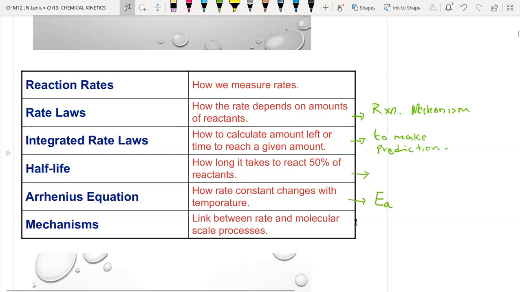And then we are going to spend a little bit more time talking about mechanisms, right? That tool will help us to understand mechanisms and to write mechanisms. So this is what we're going to do in this chapter.